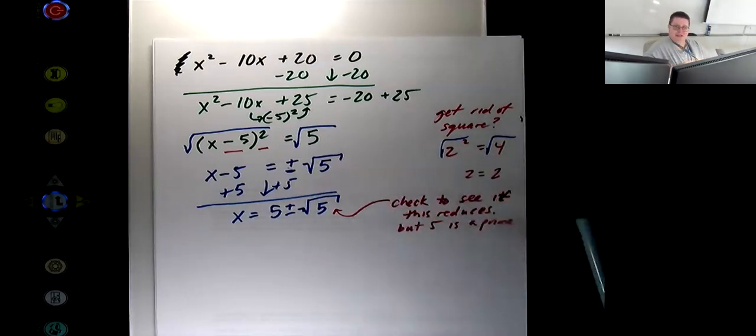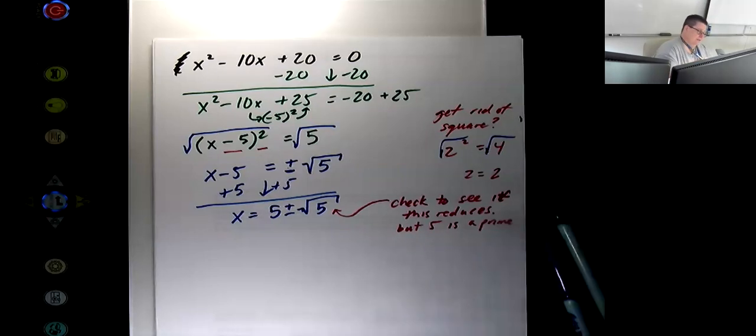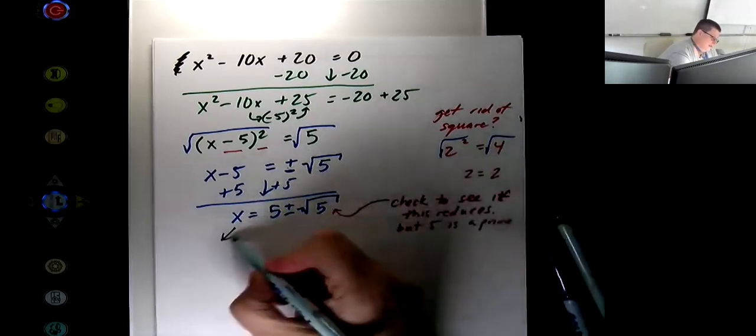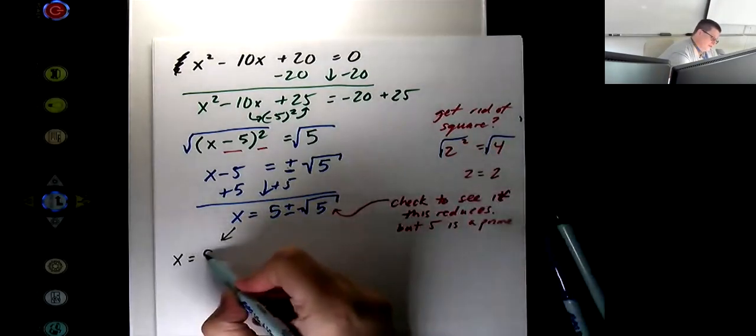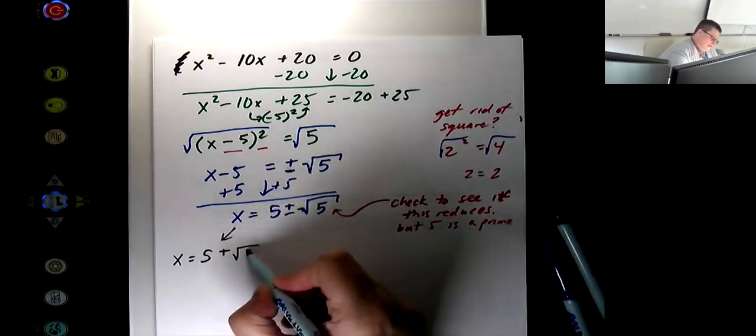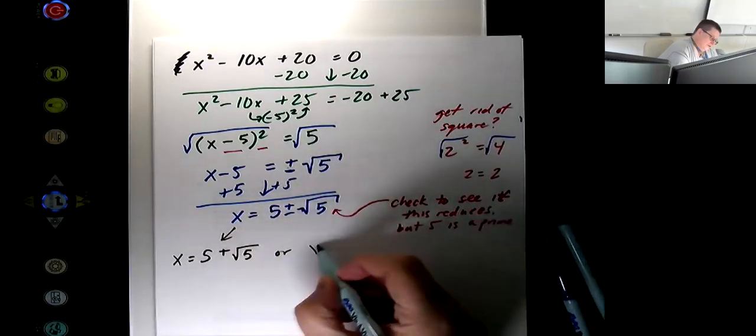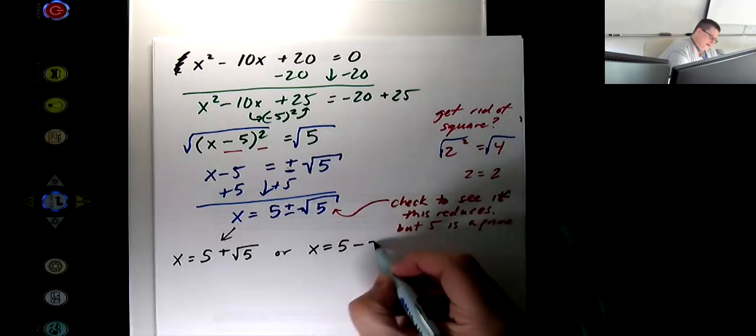Now, if you needed to use it for something, like if you wanted to graph it, throw it in a calculator. And if we did that, we really need to recognize that this is 2 different values. This is x equals 5 plus square root of 5, or x equals 5 minus square root of 5.